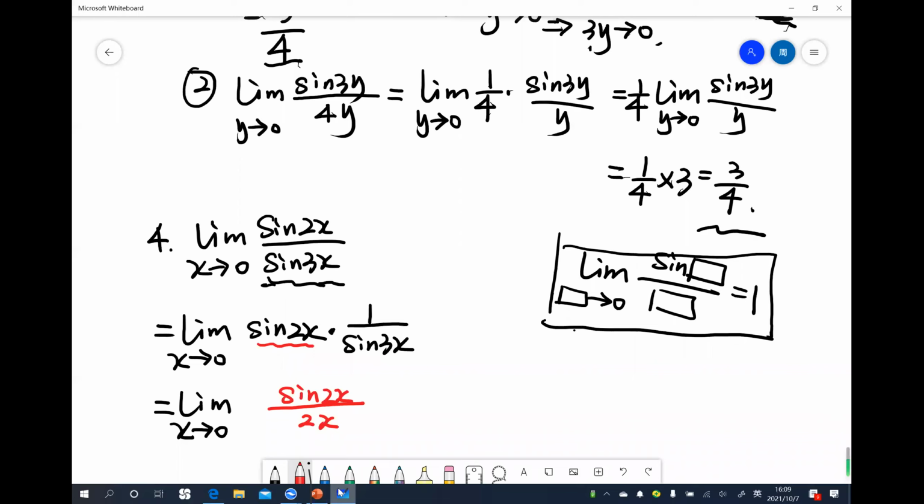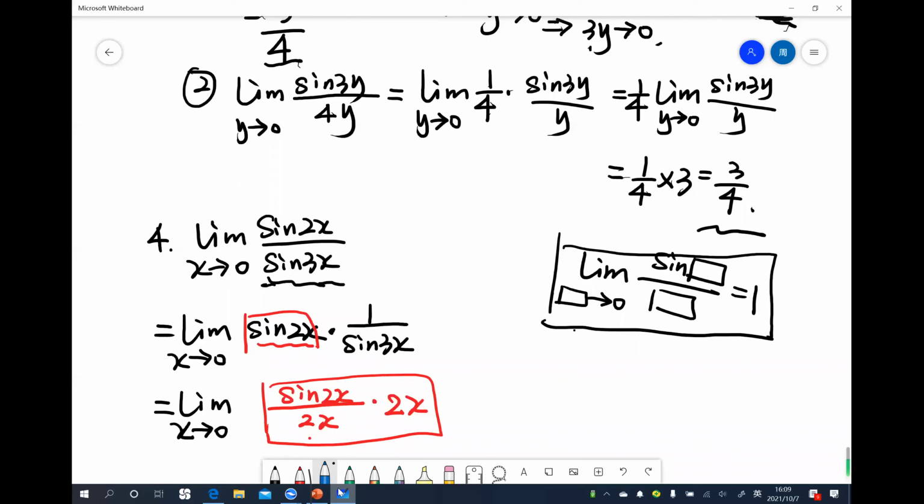And if I write 2x in the denominator, to make it equivalent, I must times 2x. So this part and this part, they are equivalent, they are the same, right? So this is the first part.